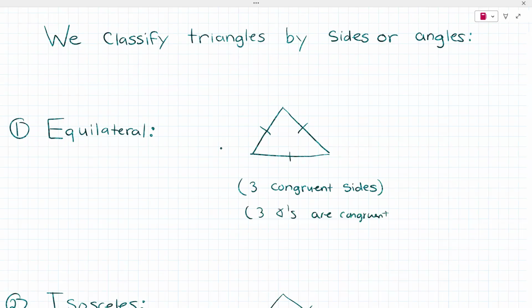And for sure they're going to be 60 degrees, 60 degrees, and 60 degrees, because later on you'll learn that the sum adds up to 180. So did you know that this side faces this angle, and this side faces this angle, and this side faces this angle?